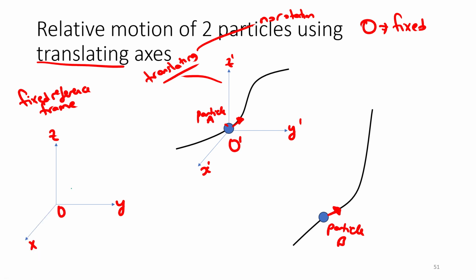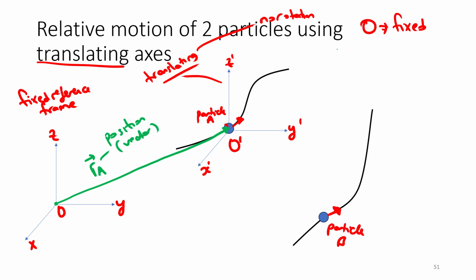So anyway, for this coordinate axis, the particle A has a position vector shown as RA. Position vector means just the position. It is just a vector that shows the position of an object.